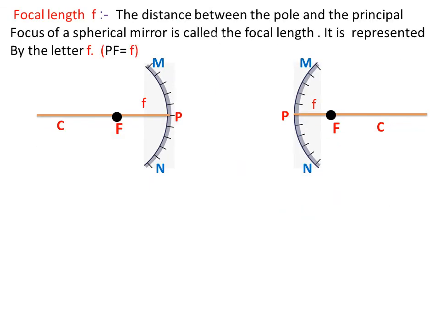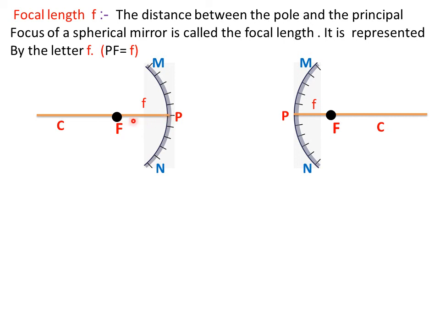Here the definition we are looking at is focal length, small f. This is our principal focus in the concave mirror and this one is in the convex mirror. But the definition of focal length is the same in both mirrors. The distance between the pole P and the principal focus capital F of a spherical mirror is called the focal length.